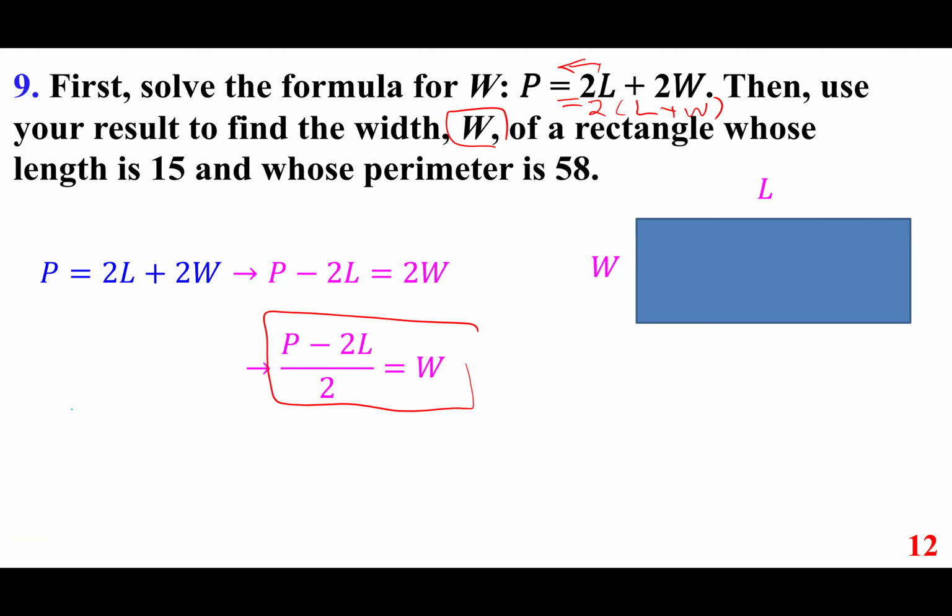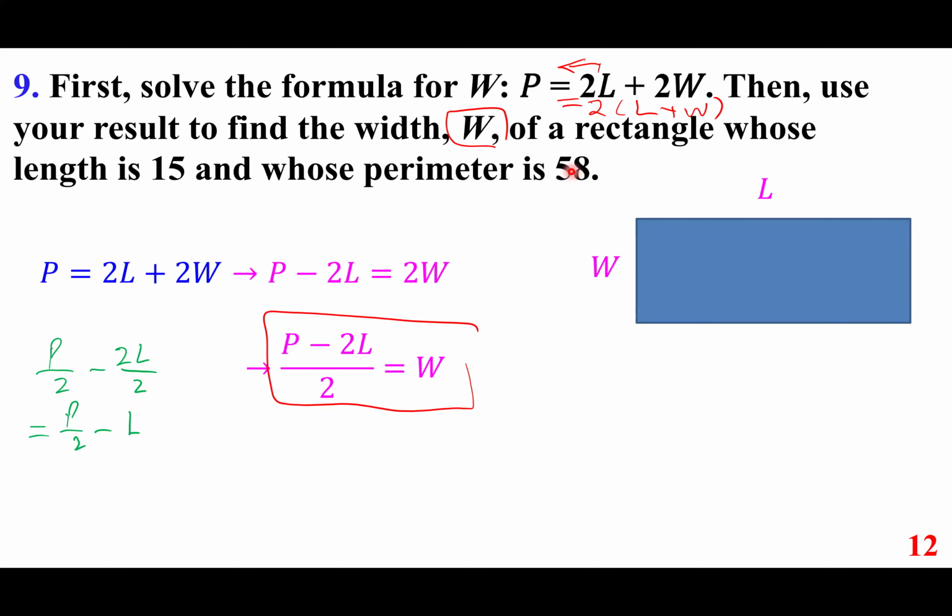You could write this as P over 2 minus 2L over 2, which is P over 2 minus L. You can do that, okay? But you cannot drop the 2's from the bottom and top.